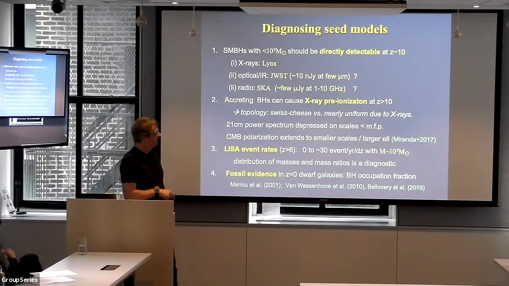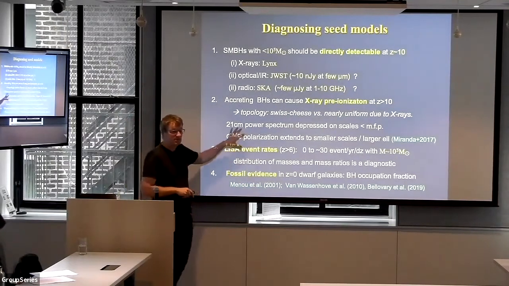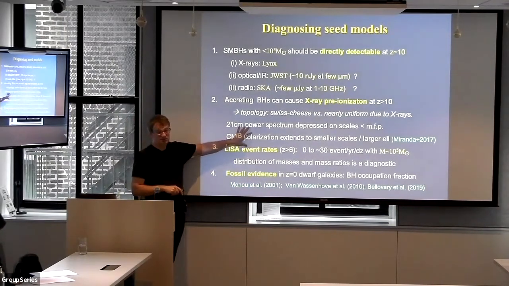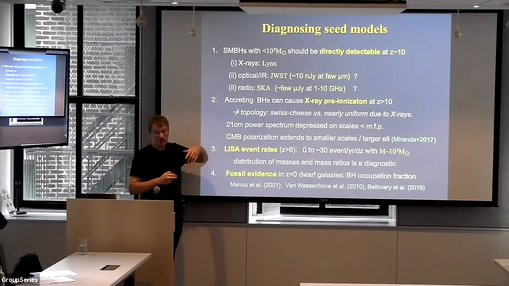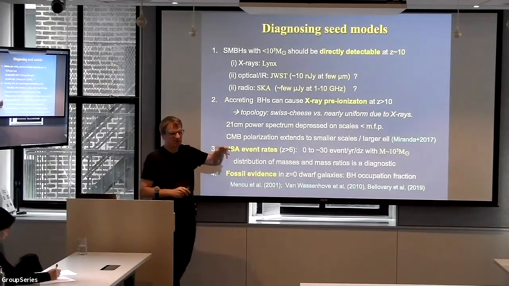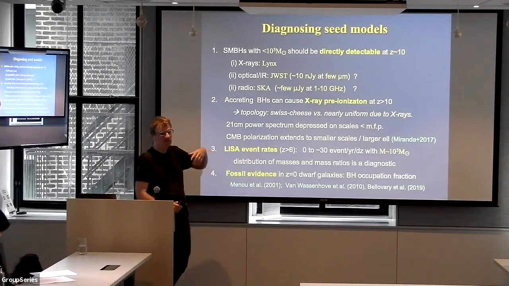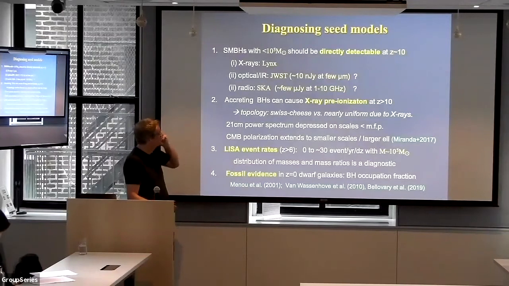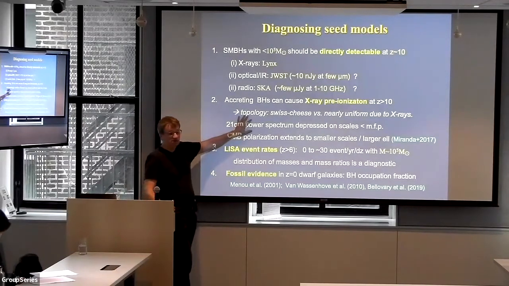Another interesting idea is that these black holes, when they accrete, emit X-rays. And just like I said about the UV photons, a few keV photons also don't see the hydrogen atoms. The mean free path is very long. So now you have an X-ray background, which partially can ionize the universe. This partial ionization is quite unique to X-rays, which are generated by black hole accretion, not by stars.